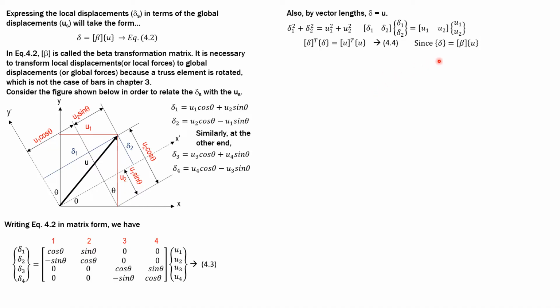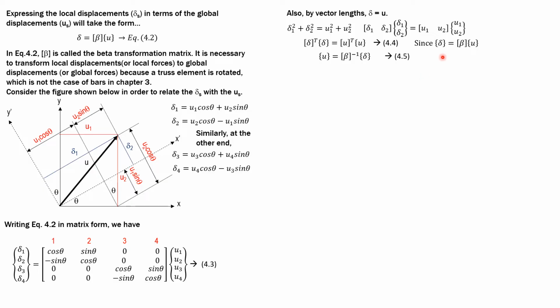Then since delta is equal to beta times u from equation 4.2, if we solve for the global displacements, u is equal to the inverse of beta times the delta matrix. Call that equation 4.5.